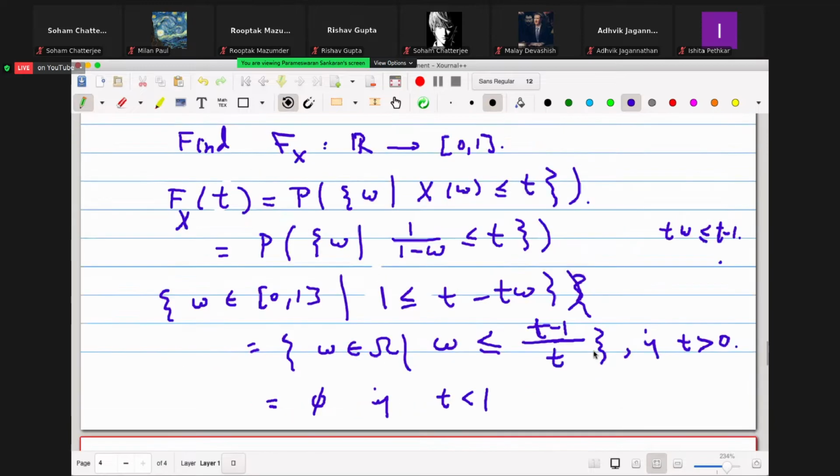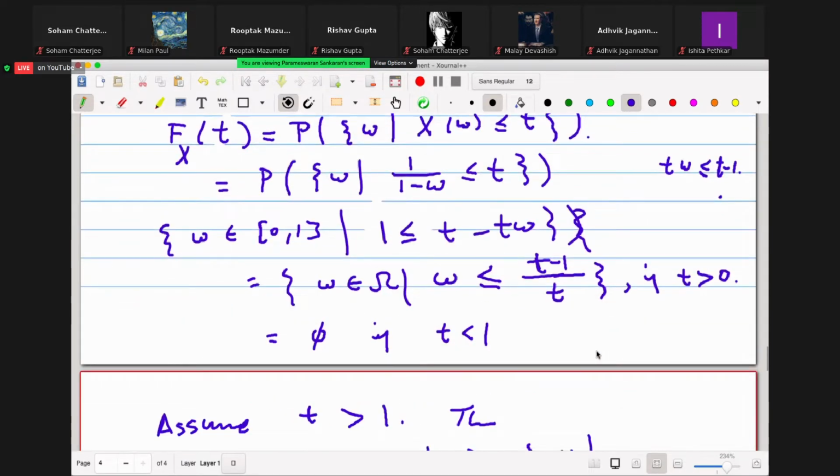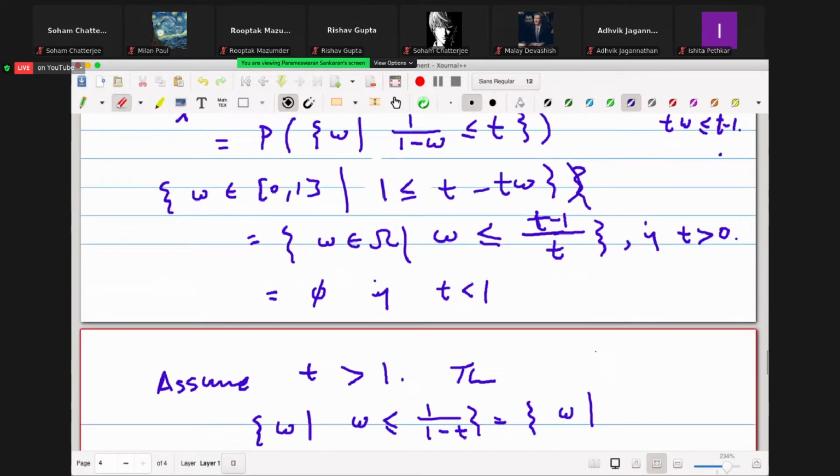Reverse the role here. I'll write X of omega less than or equal to t, such that omega is less than or equal to t minus 1 by t. Okay. And now it's easy to compute what it is.